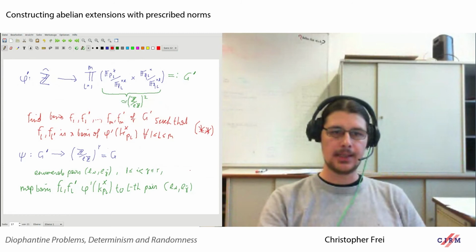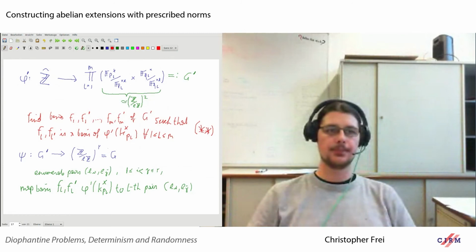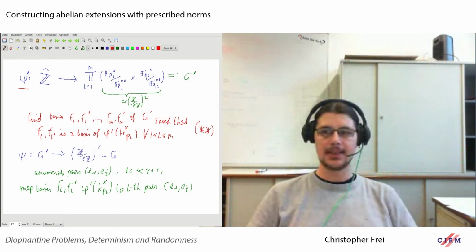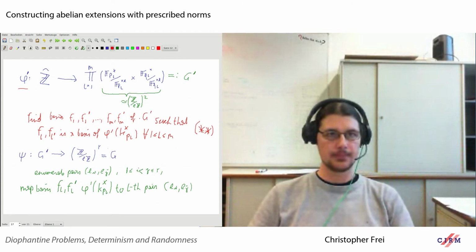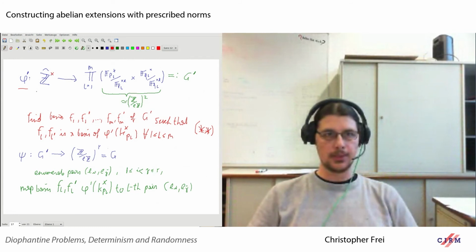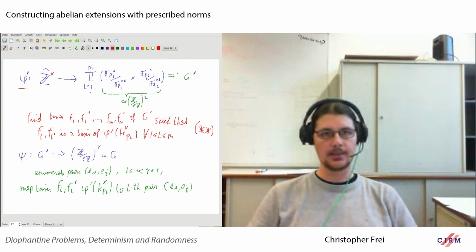And then I start by constructing a homomorphism, which I call phi prime, in exactly the same way as before. So I go from Z hat star to the components at PL and QL. Then I go to the residue field, and then I reduce modulo E-th powers.